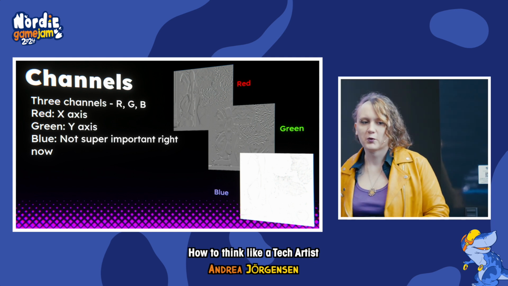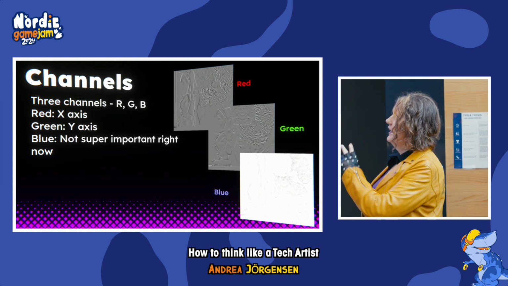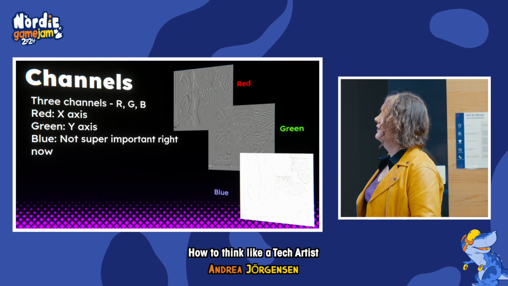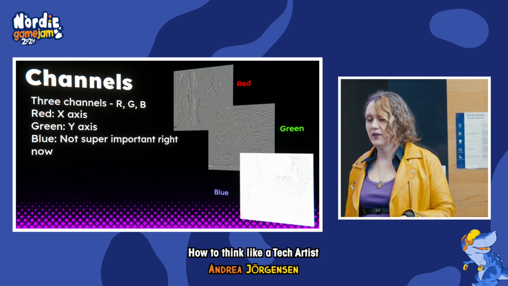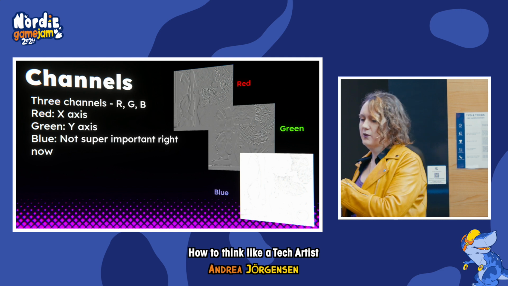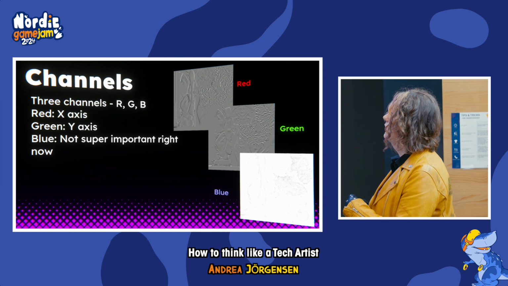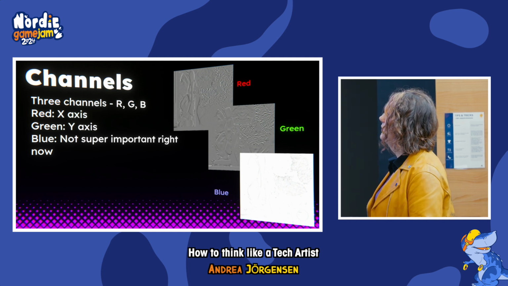It's not actually super important right now. Generally, the data in the blue channel is thrown away and calculated on the fly because, well, I'll explain what it does in a moment, but it's just not really necessary to construct the information we need. I think it's mainly there to make the image look good at this point.